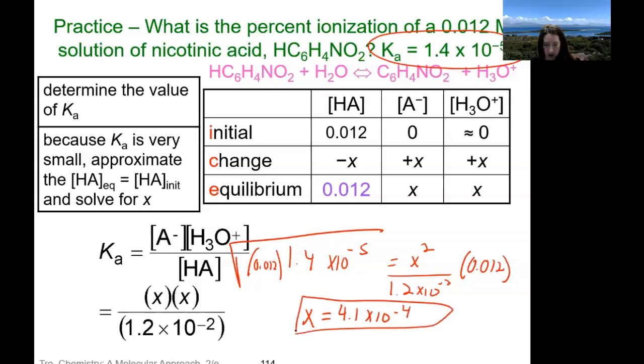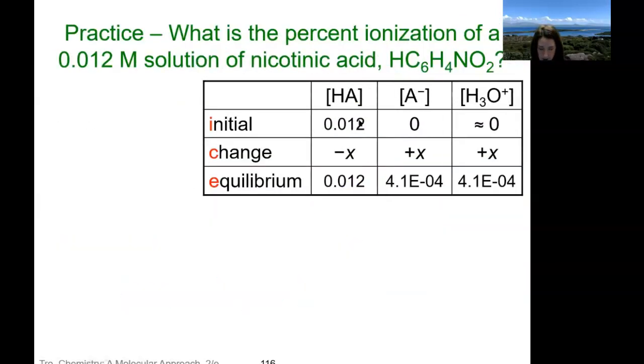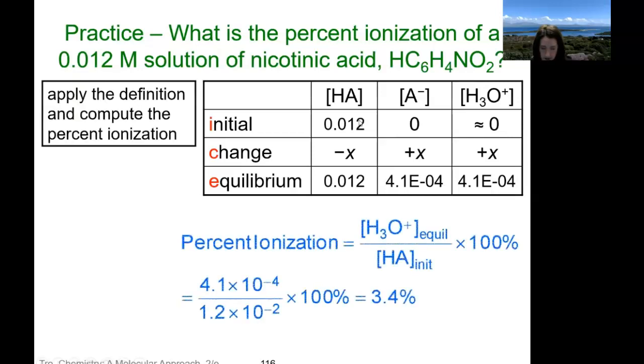So now that's our x. That's this x. Now we take this over our original concentration, just like we would do for x is small. But again, it's also percent ionization. It's the same thing. So when we do x over original, we get 3.4%.